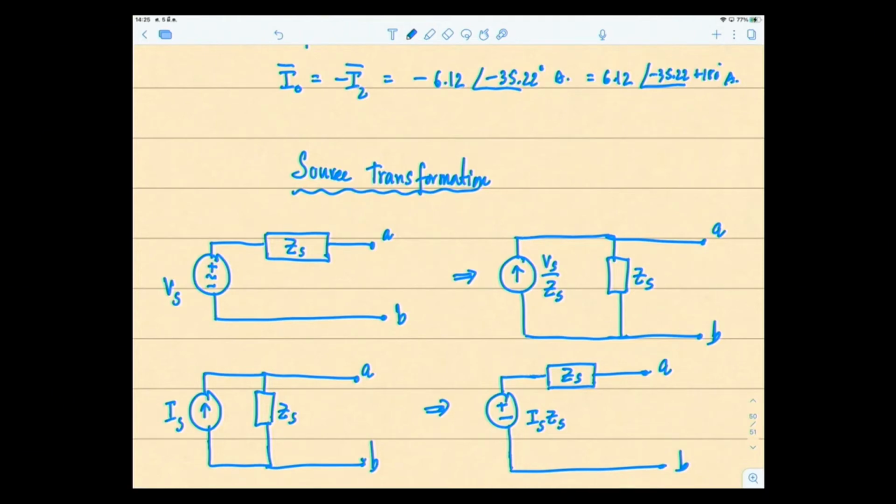So this is source transformation in the case of AC or impedance.